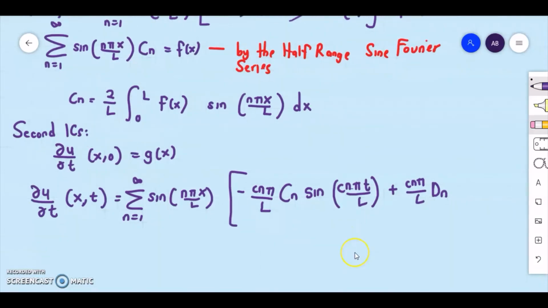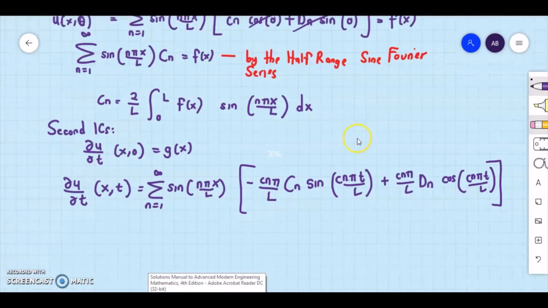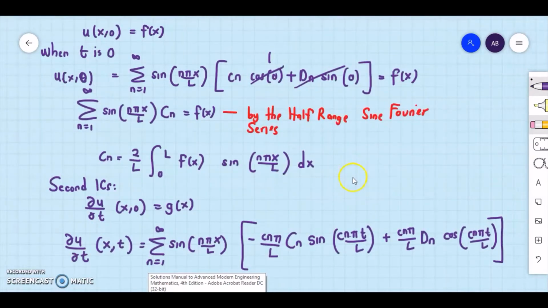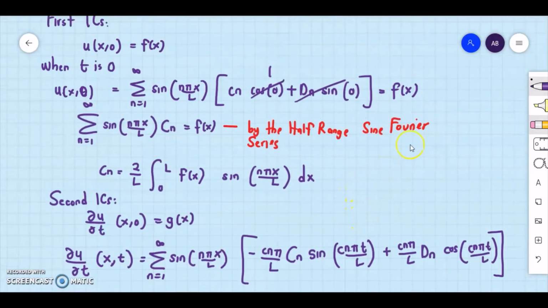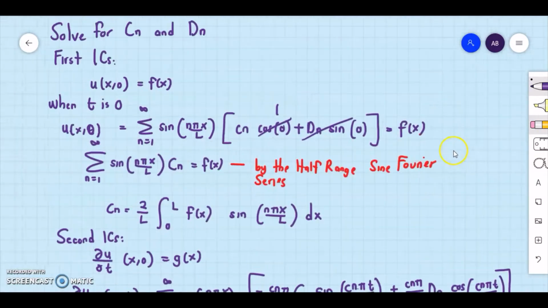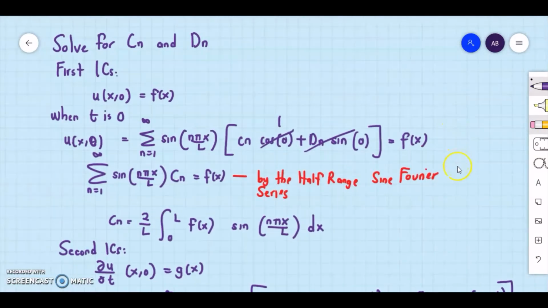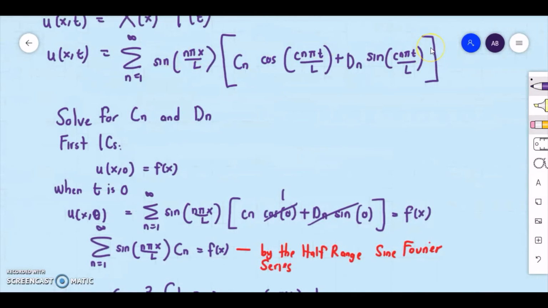That will become my cos(cnπt/L). So what I did, like I said, was differentiate u with respect to t. This is my u equation here. So now you take the derivative with respect to t.